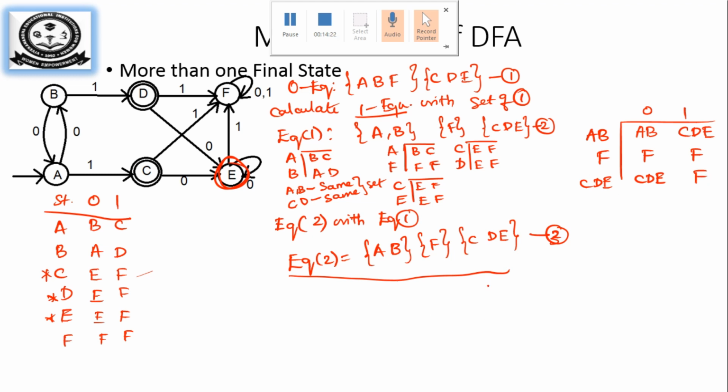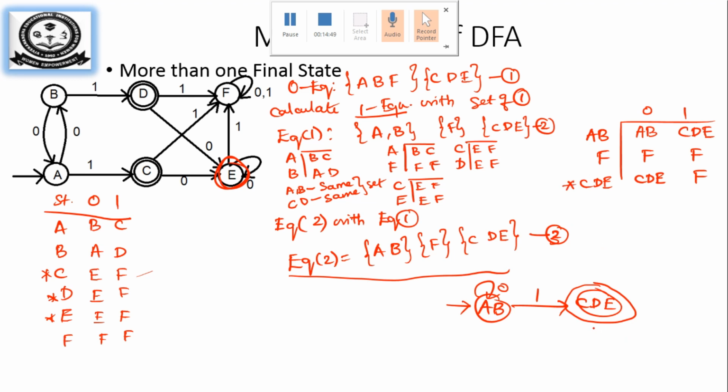Now with this, your minimized diagram is going to be AB, then it goes to CDE for 1, and it is having a self transition for 0. So this is your initial state, okay, and still your CDE is the final state here.